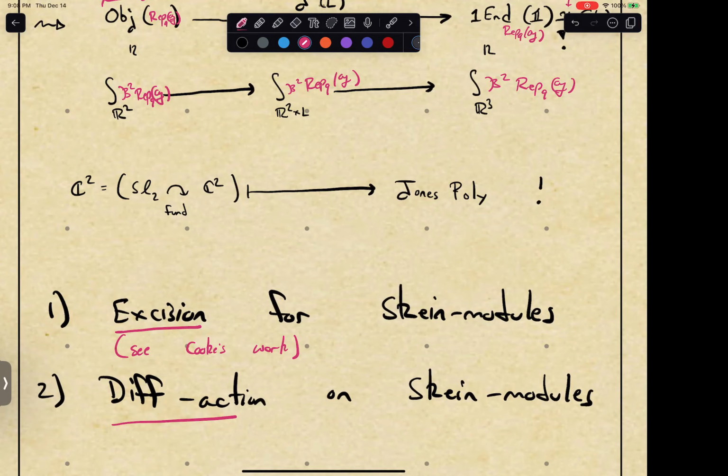It's more like the difficulty is that the value on a four-manifold will be a map between vector spaces, whereas the value of factorization homology on a four-manifold will be like a chain complex or something. So it just doesn't fit. It's just not literally describable by a factorization homology. That's just a comment that one needs to do something else.